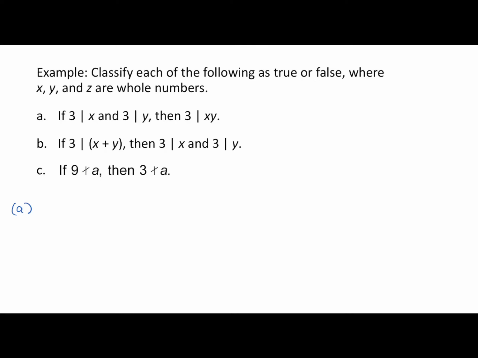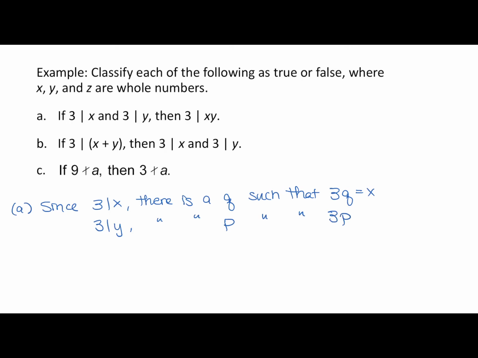Well, let's think about what that means. So since 3 divides x, there is a q, whole number, such that 3 times q equals x. And similarly, since 3 divides y, there is a, let's say, p, such that 3 times p equals y.